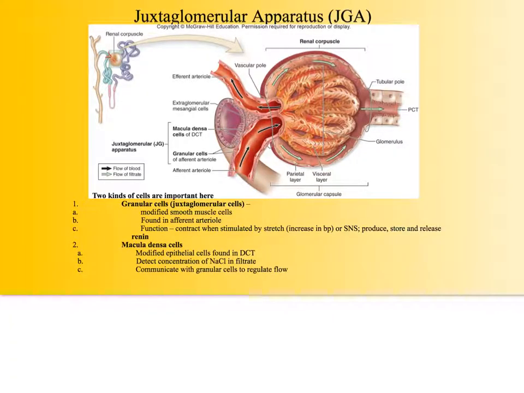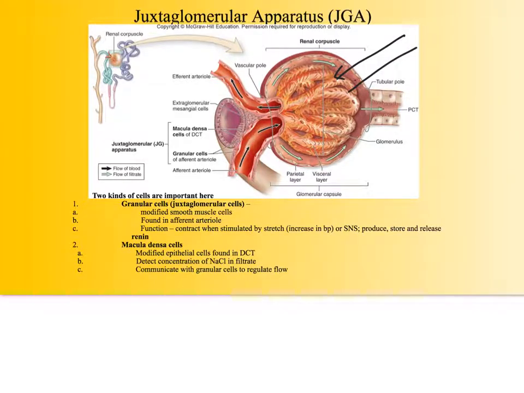Now, the juxtaglomerular apparatus. We have to have a way to regulate blood flow into the glomerulus. This is what the glomerulus looks like up close, which is what I was trying to describe to you with the bag. Under here is the glomerulus.